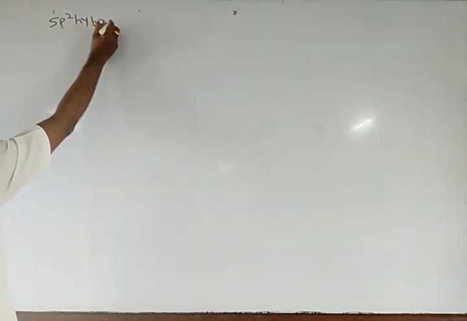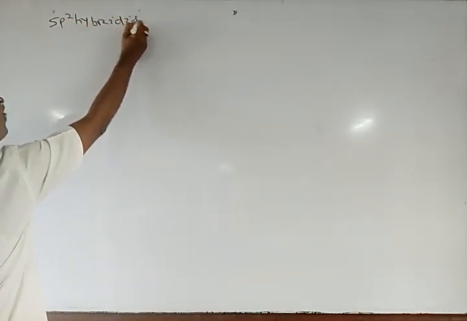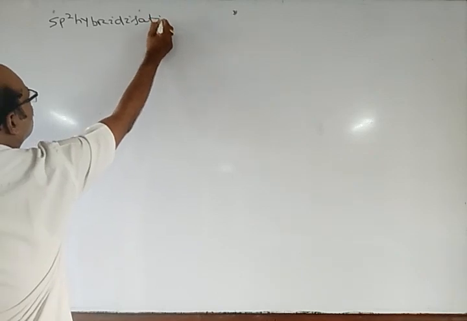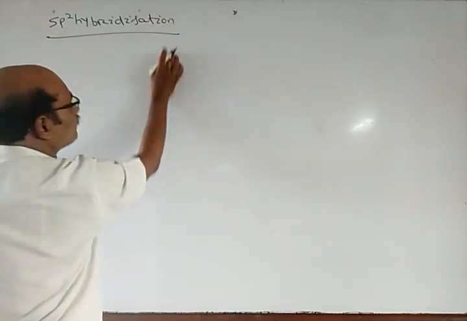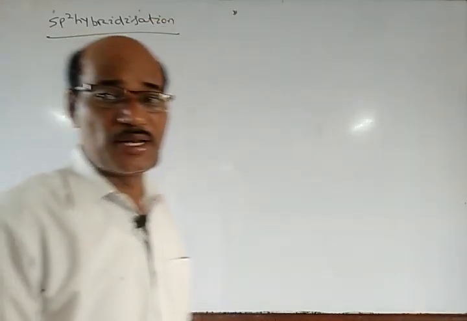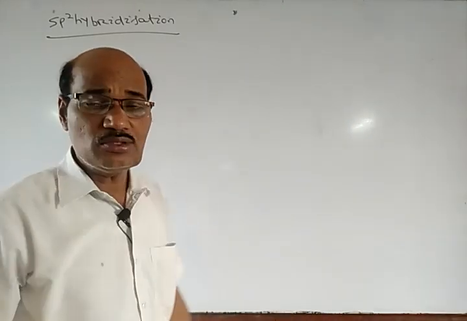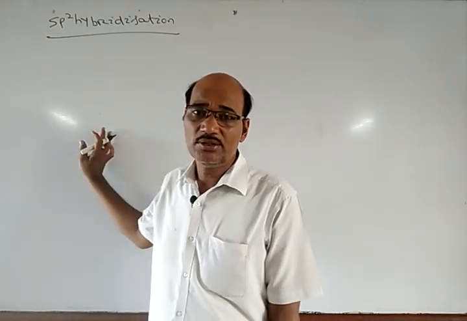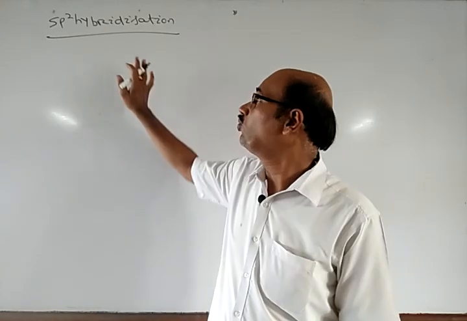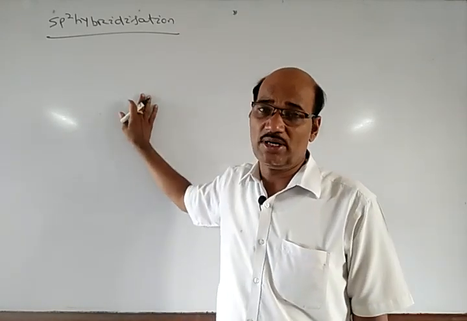sp2 hybridization. Like sp, it is the hybridization formed by the intermixing of one s and two p orbitals.